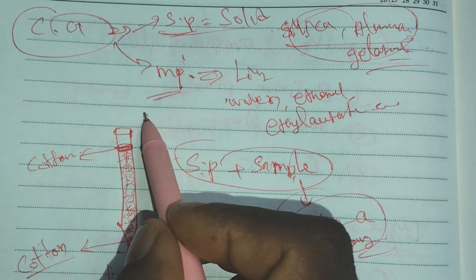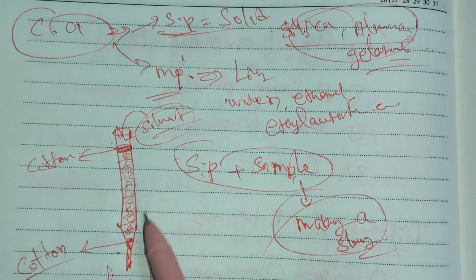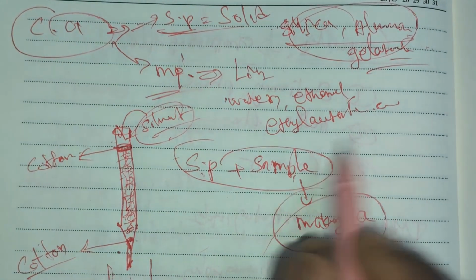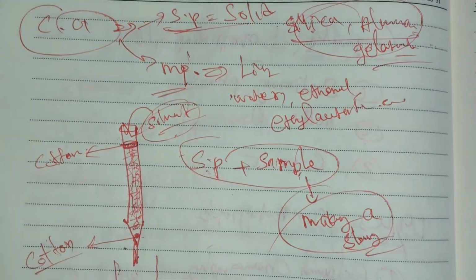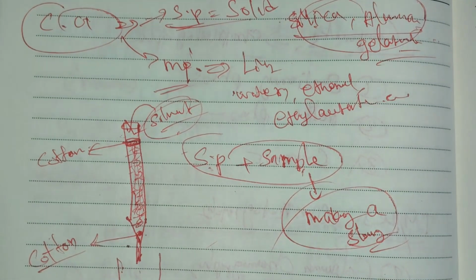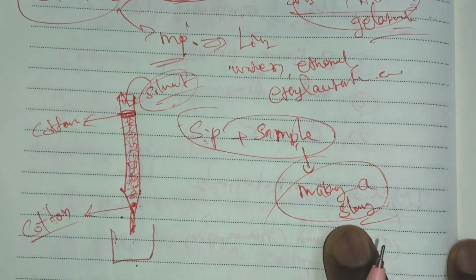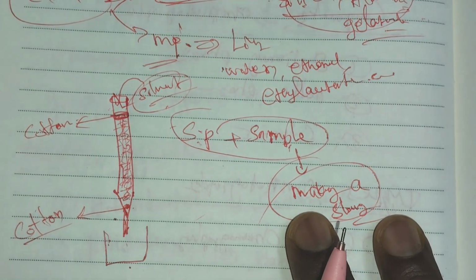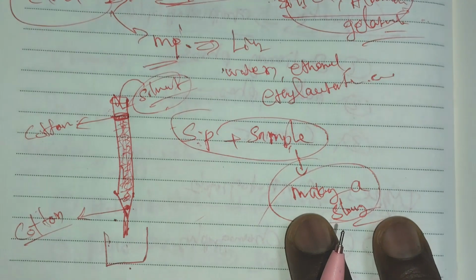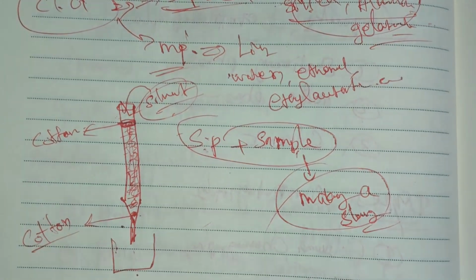Now we add the solvent with a suitable polarity, because in our sample we can find out whether it is more polar or less polar, depending on the compound. If more electronegative atoms are present, the compound is more polar, and only then can we choose a more polar solvent.